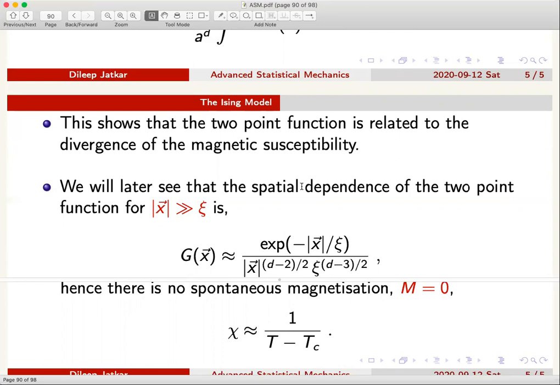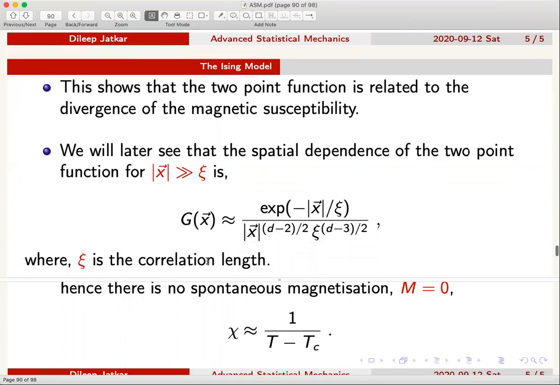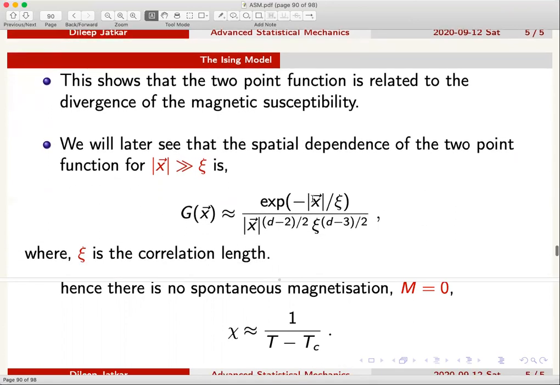But what you find is that if the distances are larger compared to this parameter xi, then the 2-point function goes like this. It is exponential of minus mod x by xi divided by mod x to the d minus 2 by 2 times xi to the d minus 3 by 2. This is the kind of behavior the system seems to show.